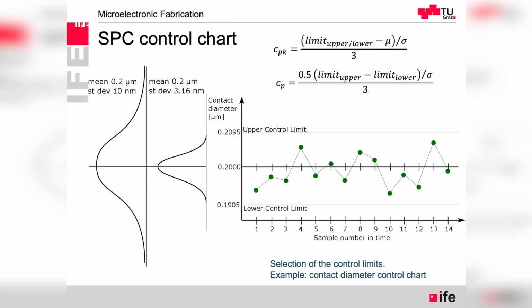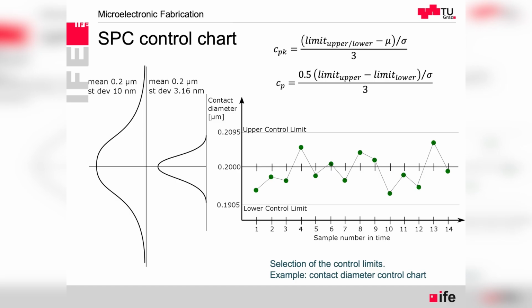And let's imagine an example where we monitor a diameter of a contact, so a physical measurement. And the mean should be 0.2 micrometers. The standard deviation, exactly, varies depending on the circumstances. But for each sample, for each wafer, let's say that we measure the via, we get a certain number, and we have upper and lower control limits.